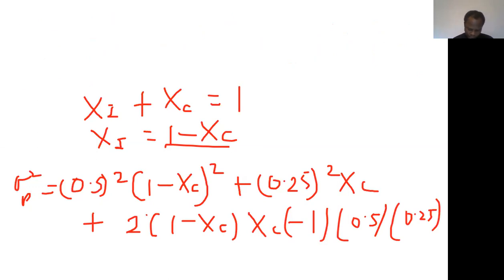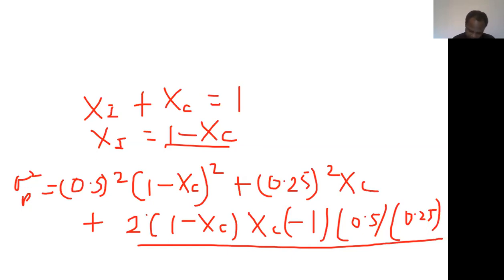So let's multiply the 2 times, and I'm going to multiply this part: 2 times -1 times 0.5 times 0.25, and that gives me -0.25.